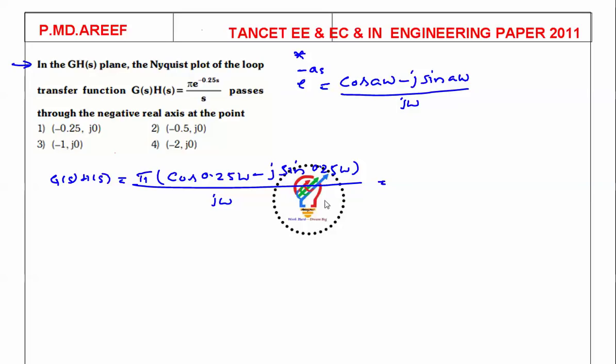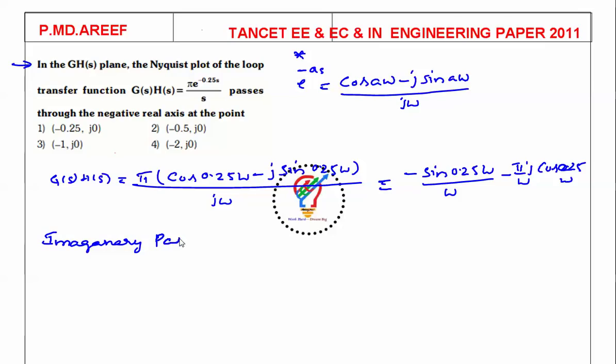Substituting j omega, the j omega gets cancelled on top and it reverses. Taking the first term, I write minus sin 0.25 omega divided by omega, and again minus pi by omega times j times cos 0.25 omega. Now the imaginary part should be made equal to 0.